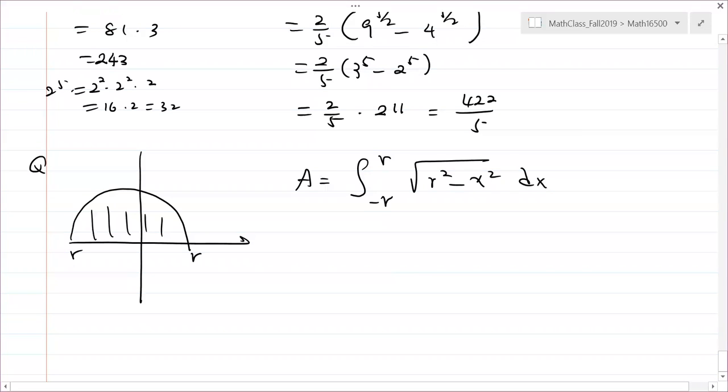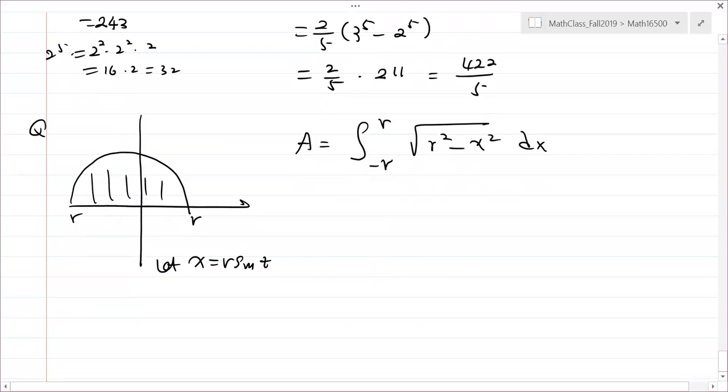But we can freely choose a variable. So you can even let x be r sine t. How about like that? That's fine. So t could be between 0 and pi.